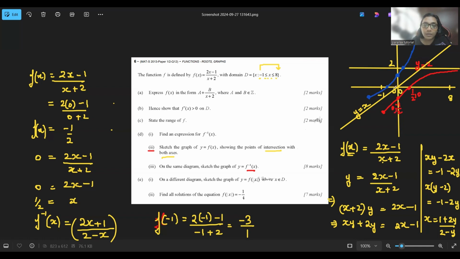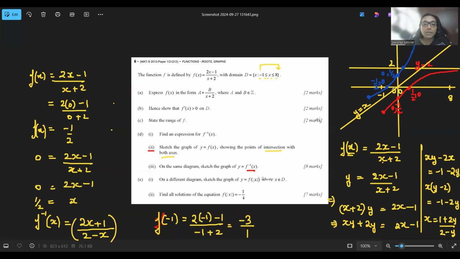So over here, our x-intercept in the inverse function would be roughly the opposite of this, -1/2, comma 0, and the y-intercept would be 0, comma 1/2. Correct?